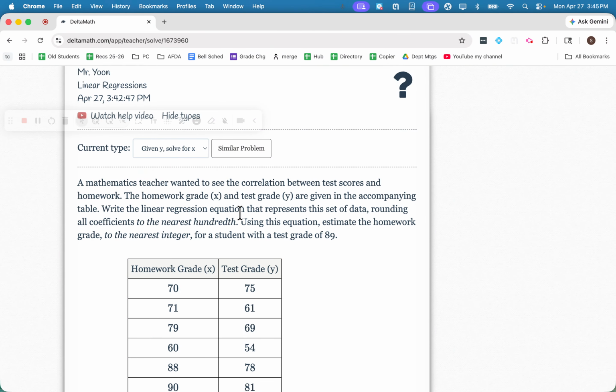It's just a line equation that represents this set of data, rounding coefficients to the nearest hundredth. That's key when we enter our answers in Delta Math. And then using this equation, estimate the homework grade to the nearest integer. That means no decimals for a student with a test grade of 89.